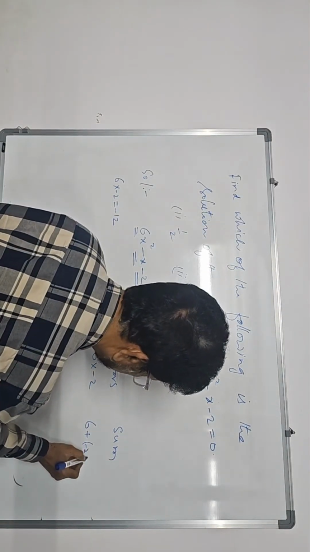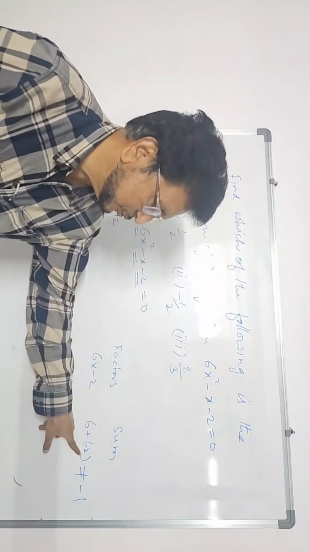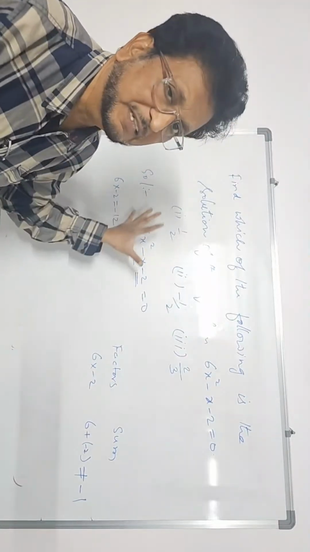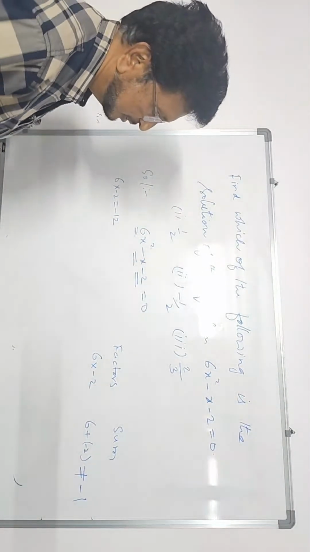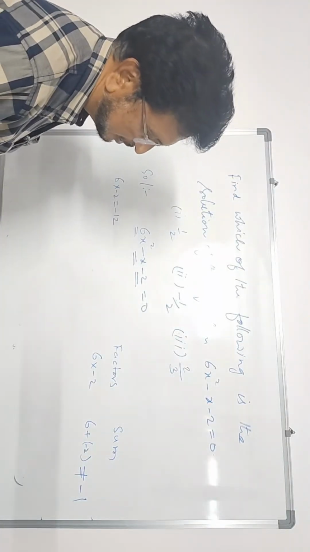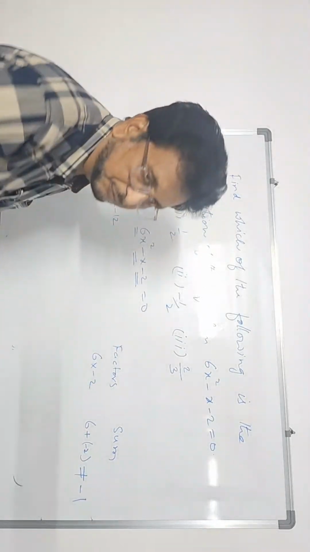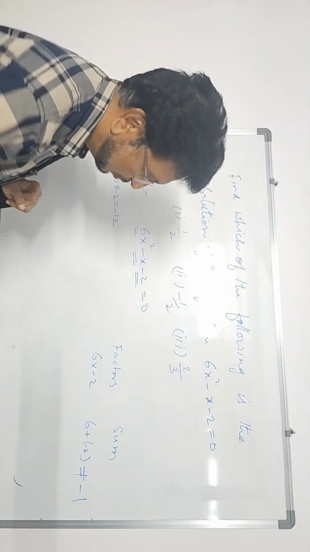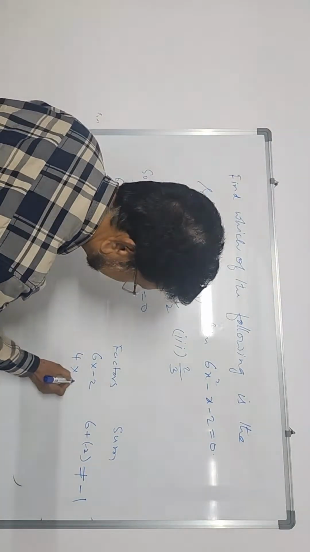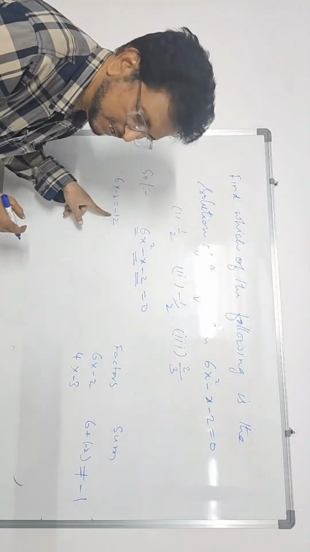6 plus minus 2 is not equal to minus 1. If we add these two, we should get minus 1. Then only we can get the factors of this quadratic equation. Now, this is not happening. Out of these two factors, one should be positive, the other negative. 4 threes are 12, so the product is the same.